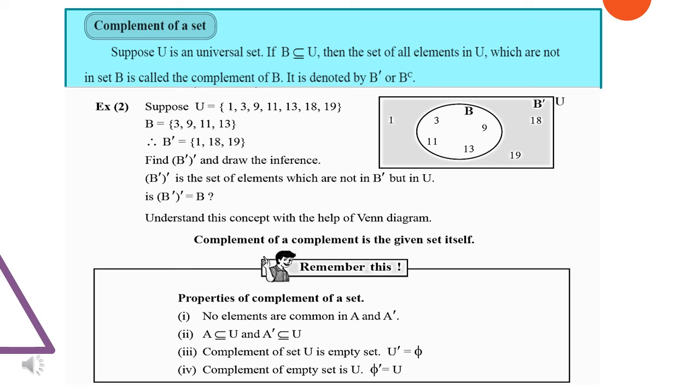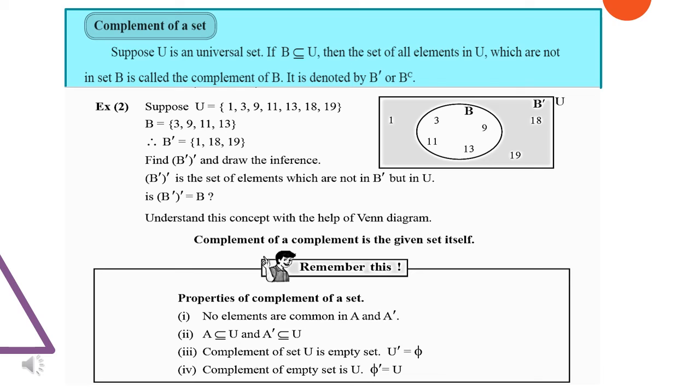Therefore when we solve, we will be first writing, just look at the steps which are written here. Suppose that the universal set is 1, 3, 9, 11, 13, 18, 19. B is equal to 3, 9, 11, 13. And B dash means the remaining part of the universal set which is not in B. That is 1, 18, 19. So to find B complement, this is how we solve.